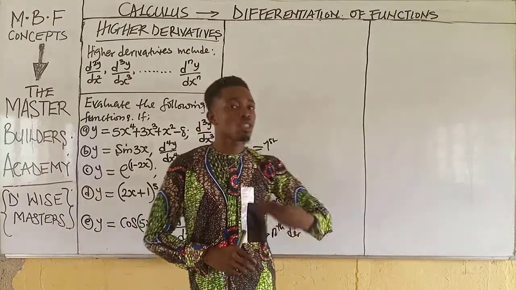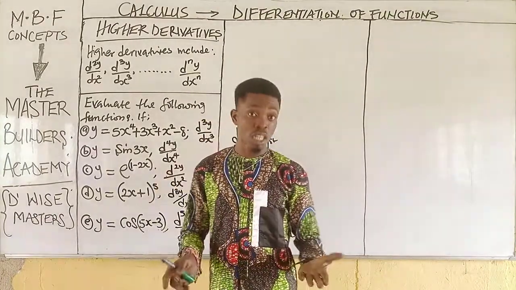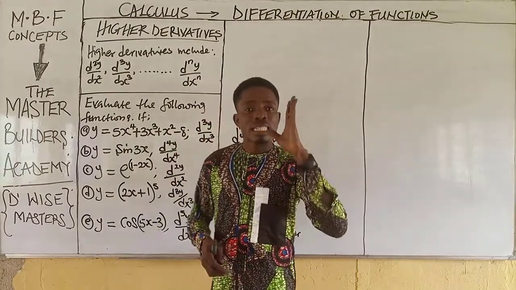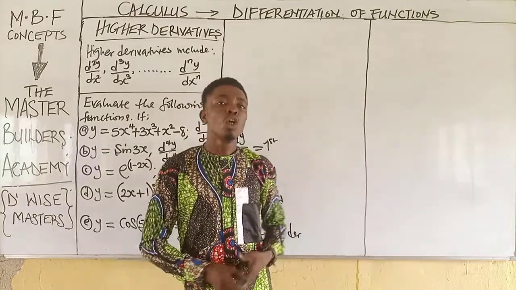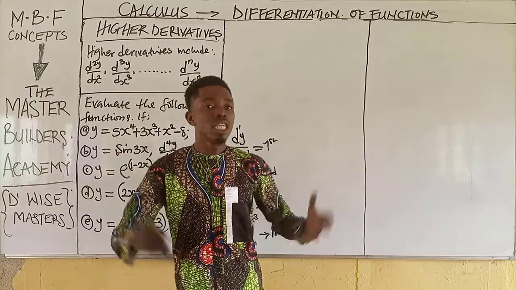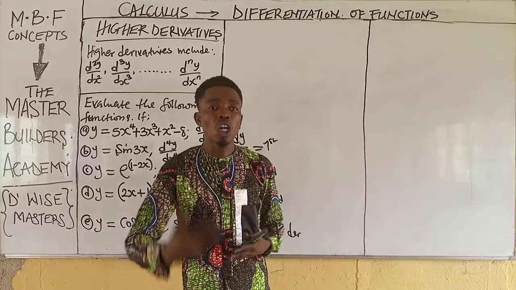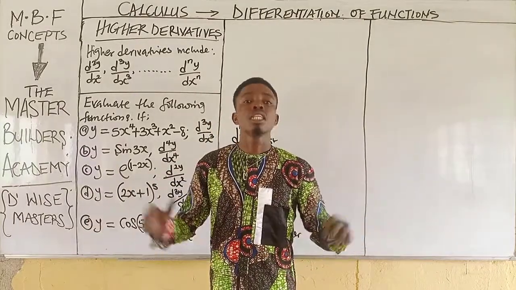If you are asked to find the 10th derivative of any given function, that is to say, you are to differentiate that particular function 10 consecutive times. And if you are asked to find the 100th derivative of any function, it therefore means that you are to differentiate that particular given function 100 consecutive times. If this is understood, then we are good to go.